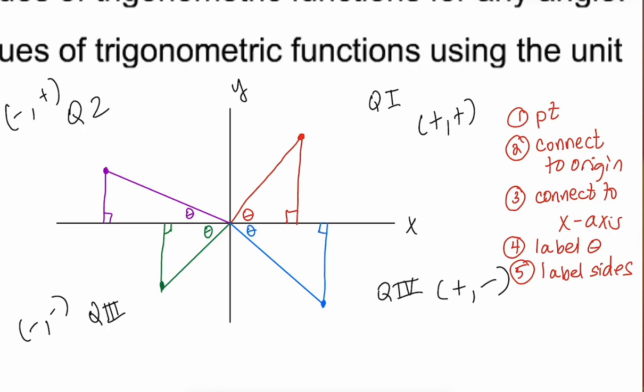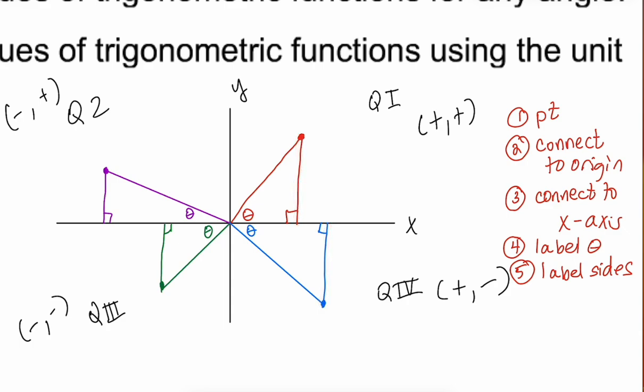Okay? Now, as far as labeling the sides, every single one of these triangles has something in common. The adjacent side is always our x value. The opposite side is always our y value.